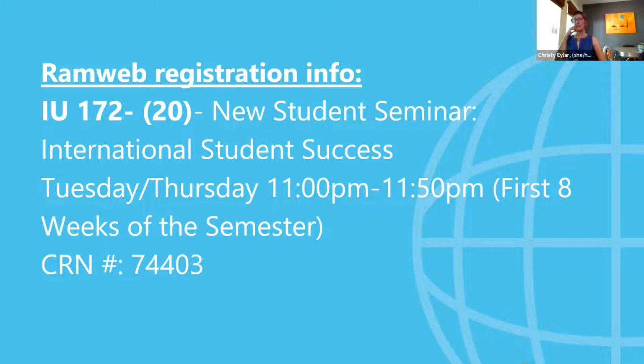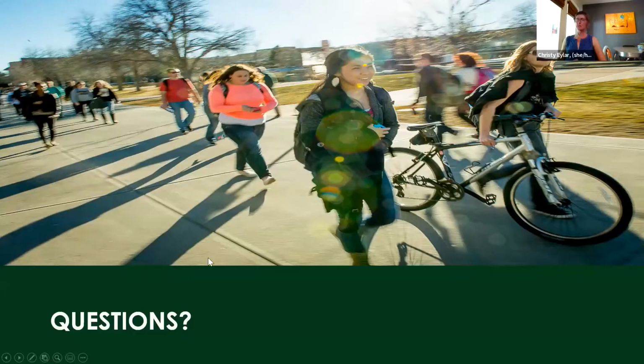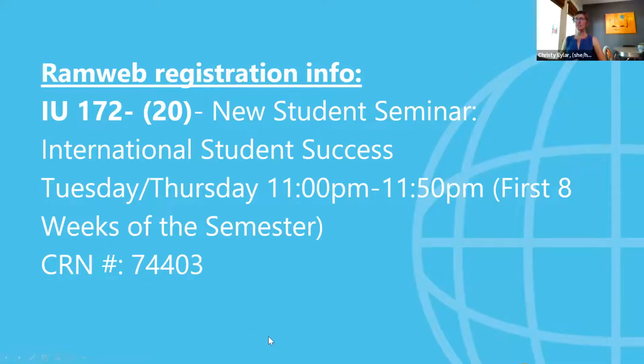If you do want to register for this course, make sure that you're choosing the CRN number 74403, because that's the specific section of the course that is for international students.